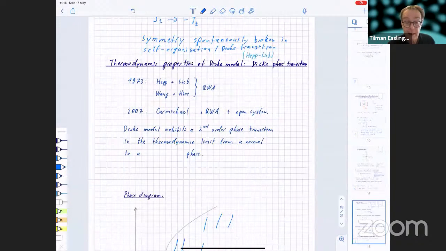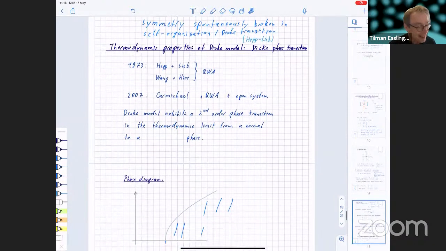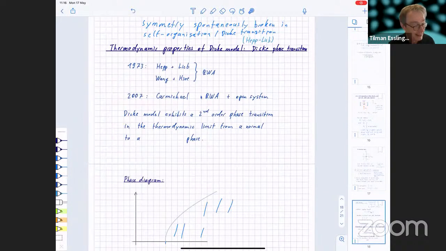That was suggested by Hepp and Lieb and Wang and Hioe. Hepp actually, that is a nice thing, when he turned, I think it was his 80th birthday, Lieb was also invited, and I had the pleasure to give a talk about their phase transition, which was of course a bit intimidating because they are of course really big names in physics on the long-term scale. Okay, but it was very nice.